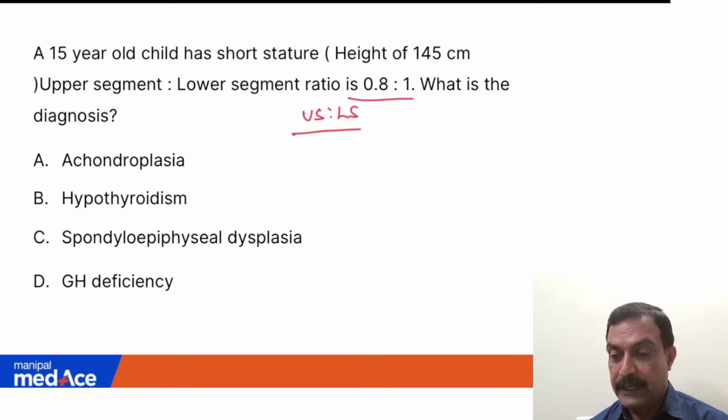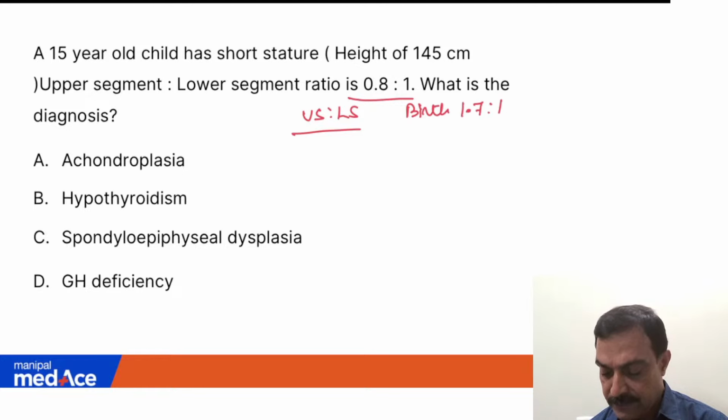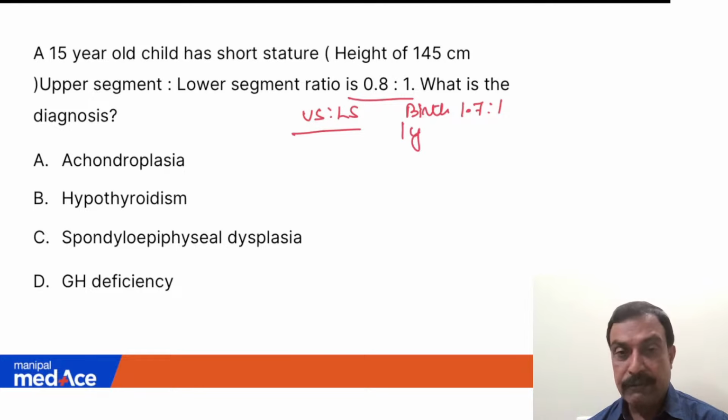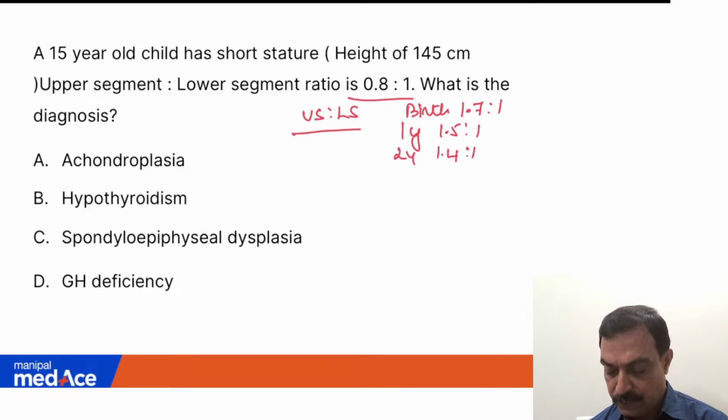At birth, the upper segment to lower segment ratio is about 1.7 to 1. Around 1 year of age, it comes to 1.5 to 1. At 2 years, it is 1.4 to 1.